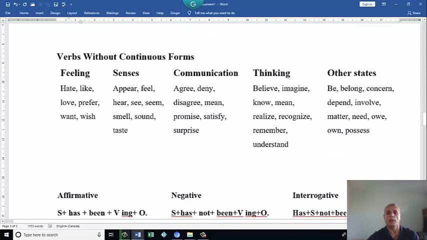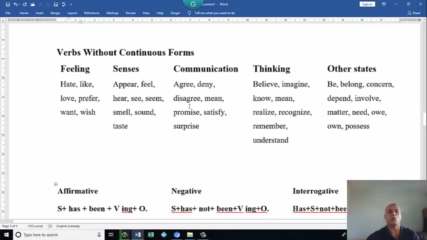We have 2 kinds of verbs: some verbs without continuous forms. For example, feeling verbs: hate, like, love, prefer, want, wish. Senses: appear, feel, hear, see, seem, smell, sound, taste. Communication: agree, deny, disagree, mean, promise, satisfy, surprise.